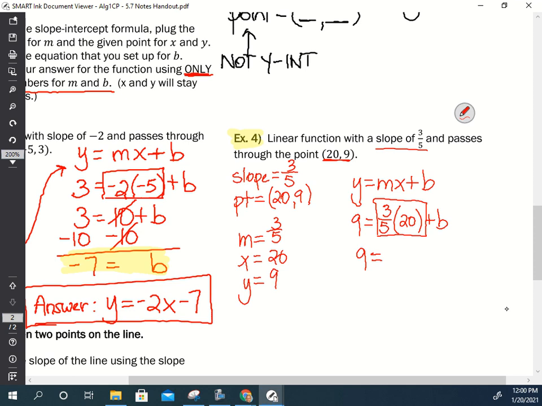What was that, Amari? Is there anyone that doesn't understand why that's 12? Speak now or keep your peace. If you don't know, you better say something. You're going to see a whole bunch of fractions in this unit.